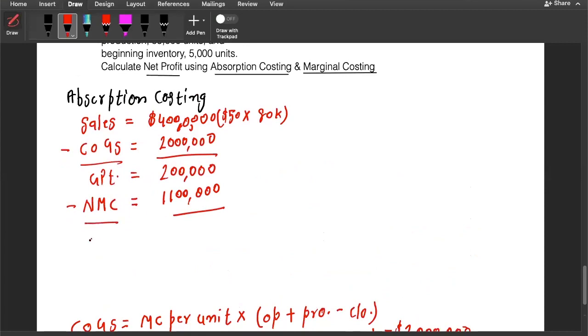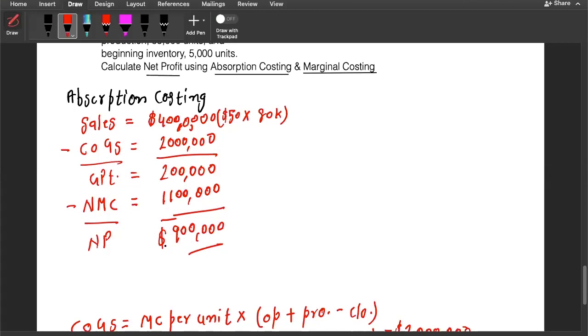All right. So net profit, which is 900,000.